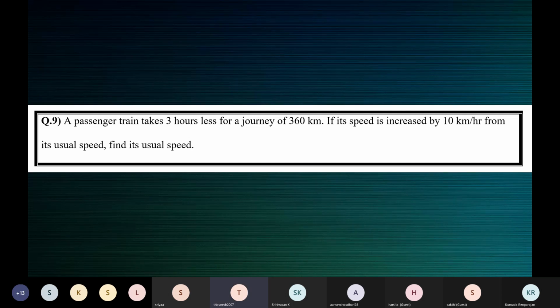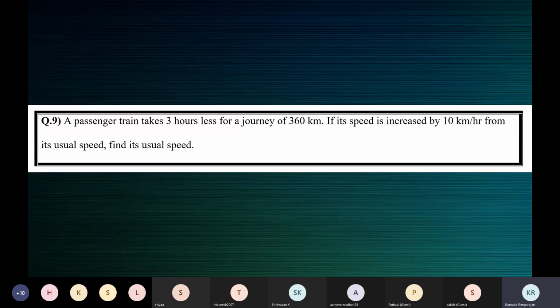360 by x minus 360 by x plus 10. 360 by x minus 3. Ma'am, it is 360 by x minus 360 by x plus 10 equal to 3. Okay, I think I've got the same answer from the three of you.